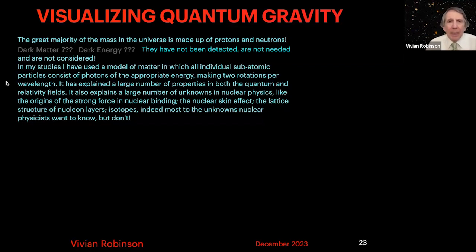It has explained a large number of properties in both quantum and relativity fields. It also explains a large number of unknowns in nuclear physics, like the origins of the strong nuclear force in nuclear binding, the nuclear skin effect, the lattice structure of nucleons, isotopes. Indeed, most of the unknowns nuclear physicists want to know, but don't.